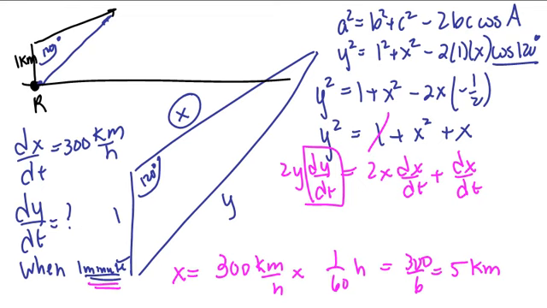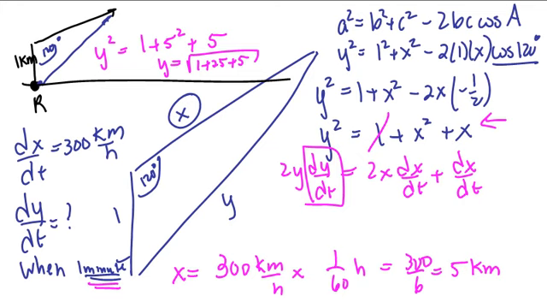And how do we get y then? Well, we use this equation here to find y. So y squared will be 1 plus 5 squared plus 5. So that means y is the square root of 1 plus 25 plus 5.